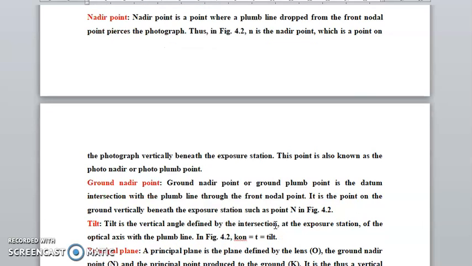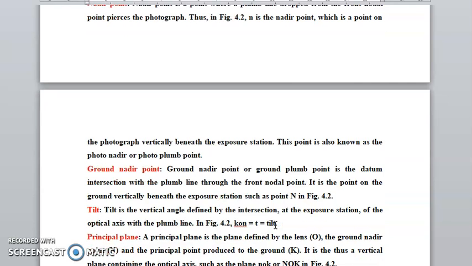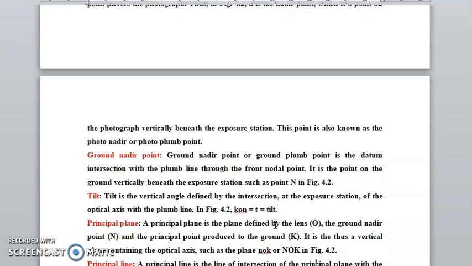Principal plane. Principal plane is a plane defined by the lens, the ground nadir point N, and the principal point produced to ground K. It is the vertical plane containing the optical axis, such as plane NO.